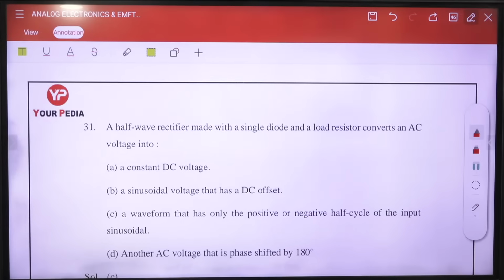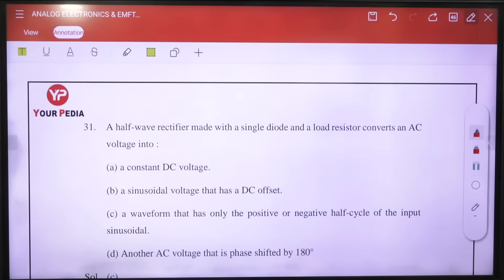Answer will be B. Someone is saying sinusoidal voltage that has a DC offset.